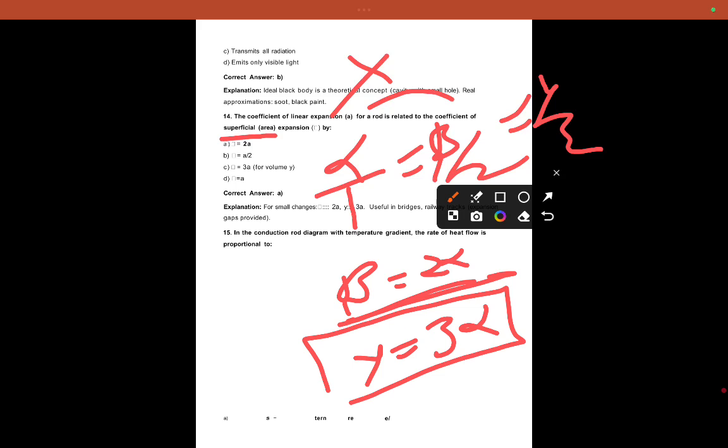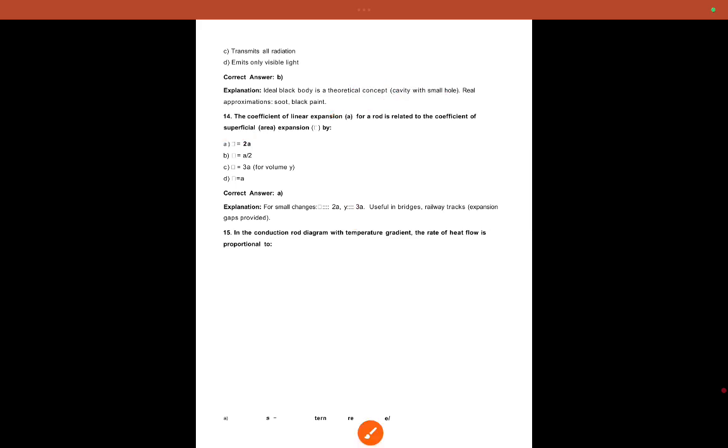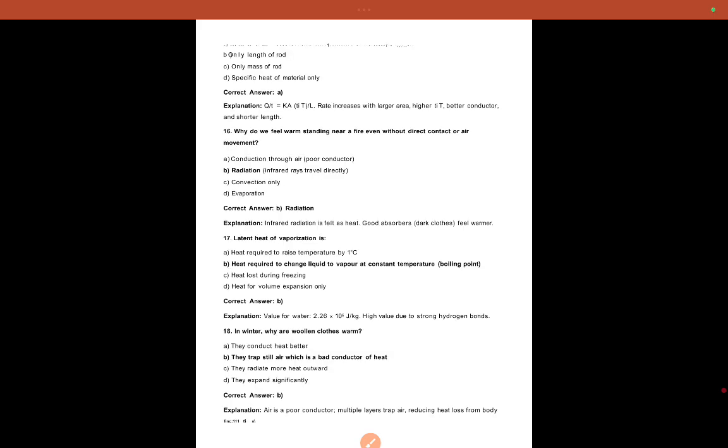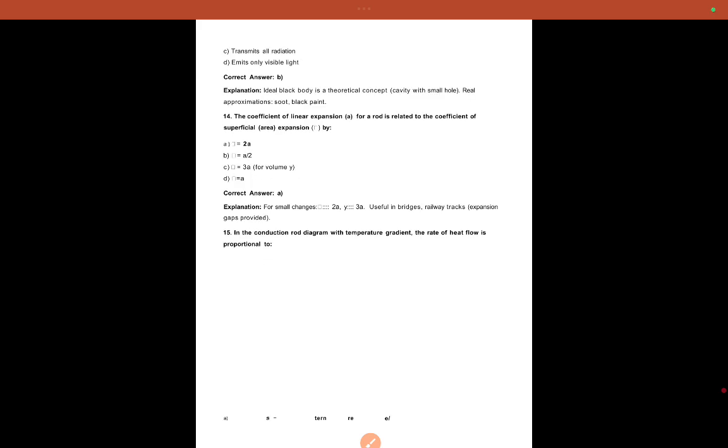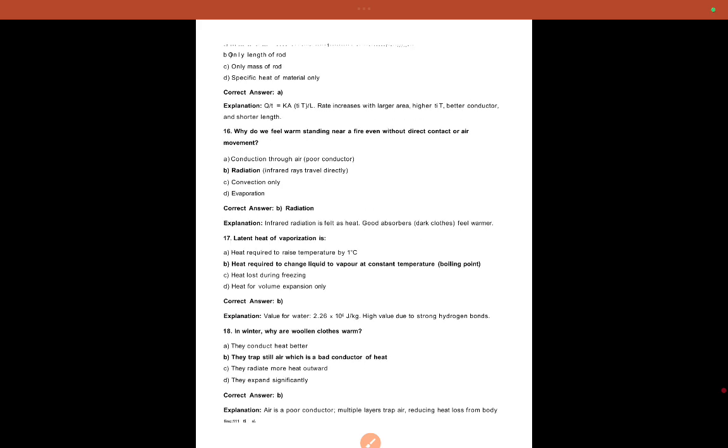Coming to question number 15. In a conduction rod with a temperature gradient, the rate of heat flow is proportional to what? Sorry, option A is missing.